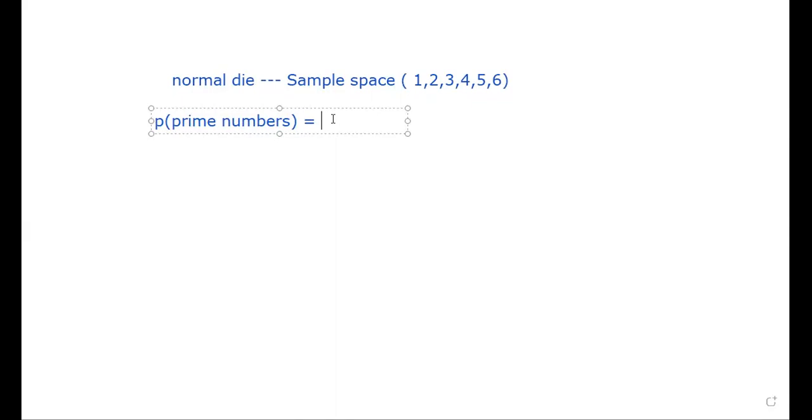Thank you. As you know, a prime number is a number which has only two factors, 1 and itself, like 2, like 3, like 5. So it will be 3 out of 6. In simplest form, it will be 1 out of 2.